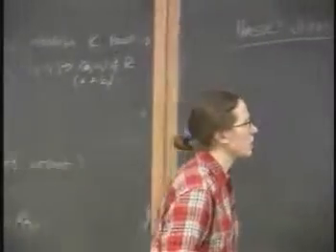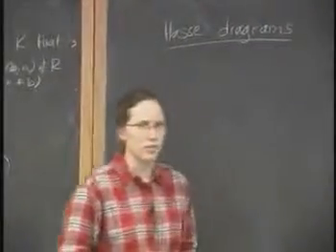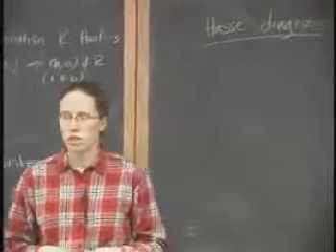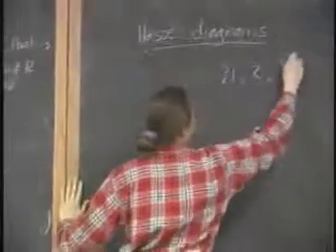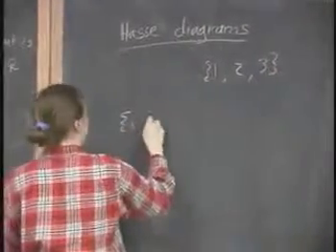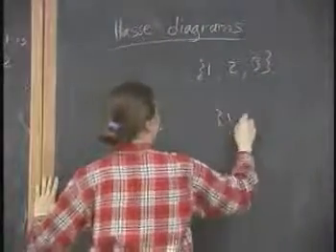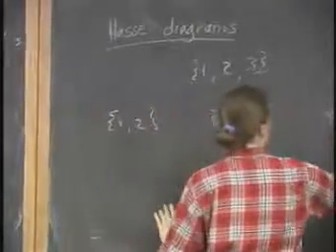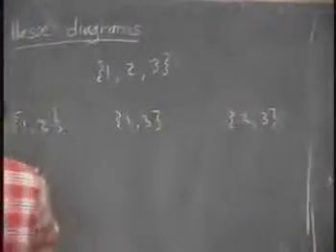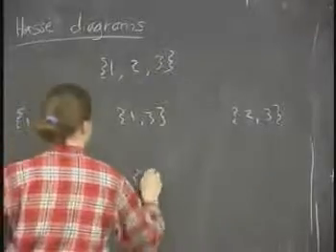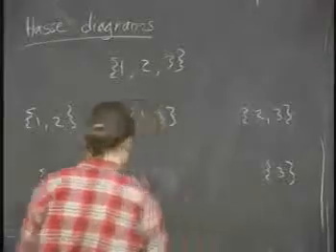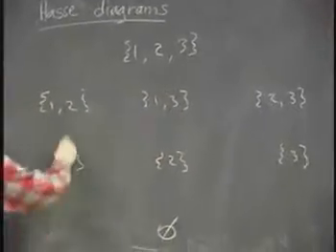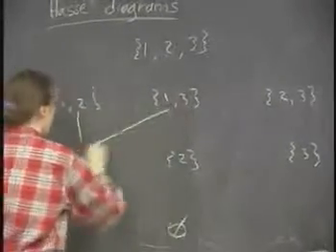But what I'm actually going to do is not include all the transitive relations. So I can write down all my subsets of {1, 2, 3}, like this. And then, well, {1} is a subset of {1, 2} and of {1, 3}.